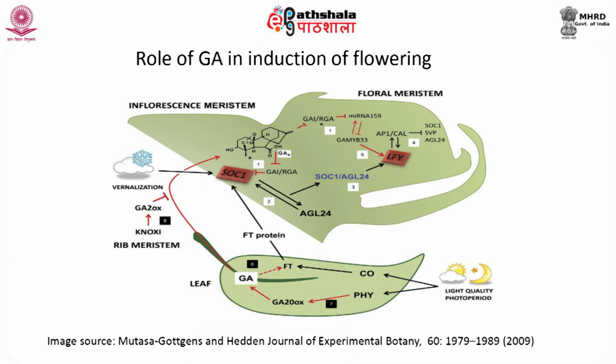Phytochrome is also known to induce expression of the GA biosynthesis gene GA20ox in the leaf, which results in increased GA concentration. GA is also known to move to the shoot apex like FT, where it activates transcription of the floral integrator SOC1 and the floral meristem gene LEAFY. Activation occurs through GA-mediated degradation of DELLA proteins that repress these genes.